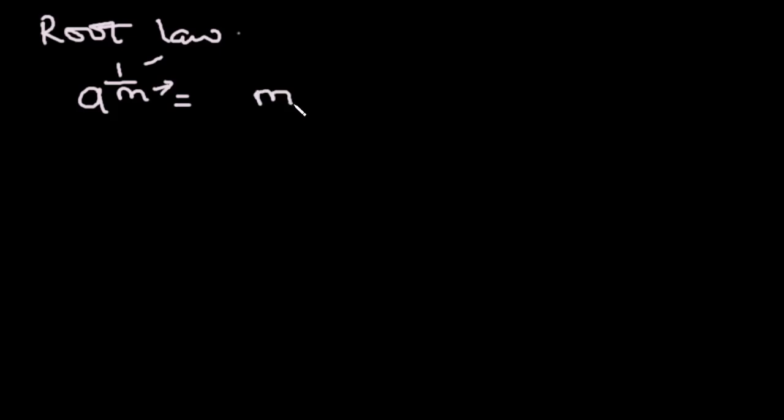So let's treat the root law. With the root law, you have a raised to the power 1 over m equals to, in this case we have a numerator and a denominator. What you do now is look for the nth root, which is going to be the denominator. That's the m-th root of the number given, then raised to this power, which is 1.